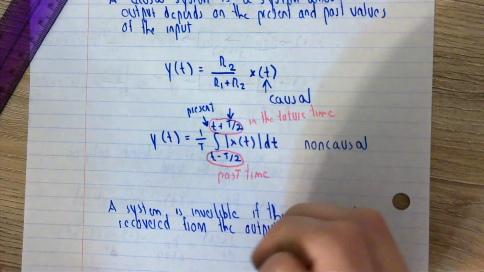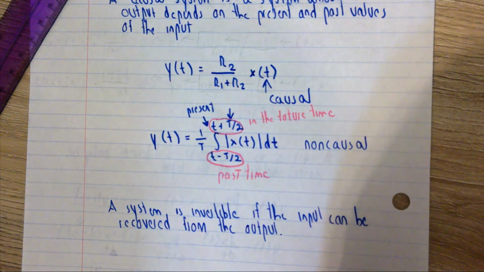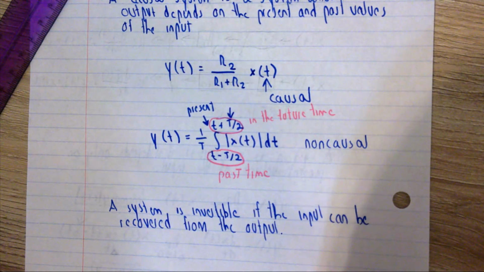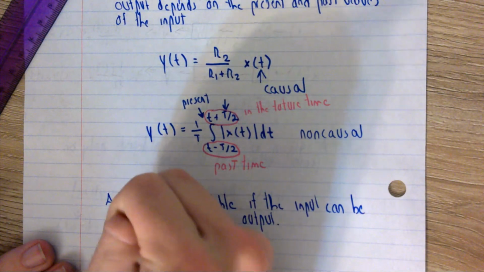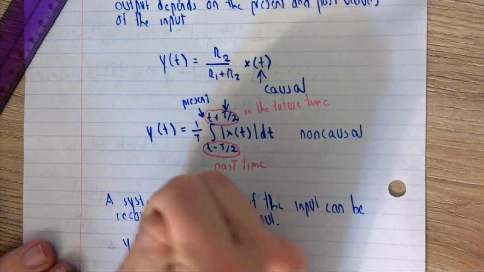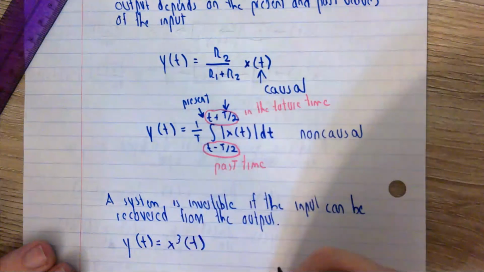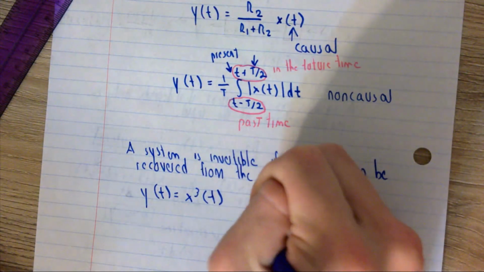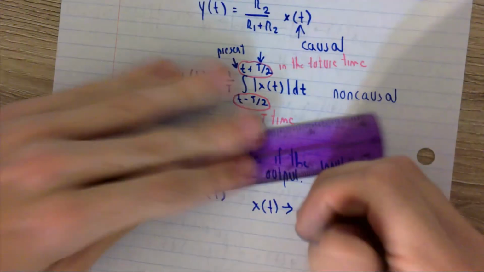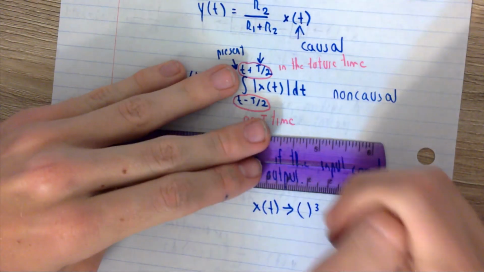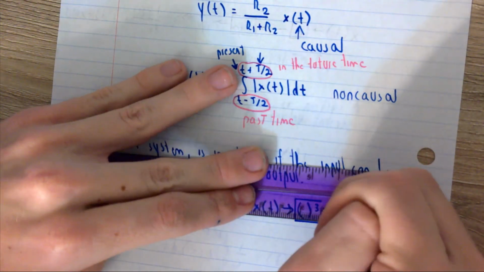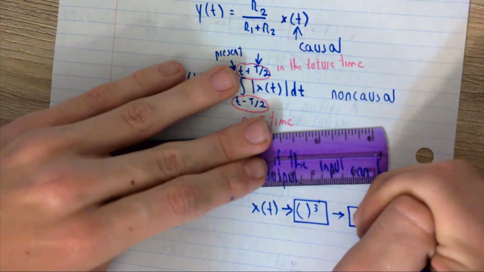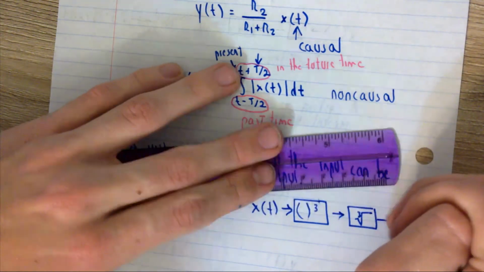For example, if we have y of t equals x cubed of t, the input x of t goes through and gets cubed, and then we take the cube root of this, and that produces back our x of t.